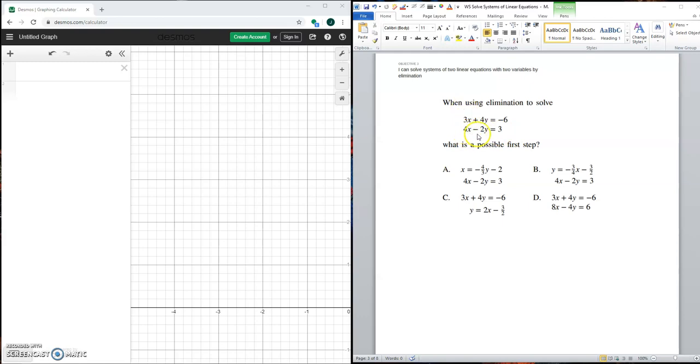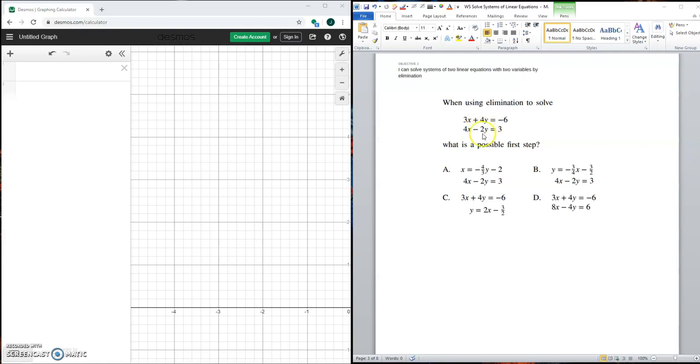However, if you look at this, the best thing to do here is to eliminate the y. Why is that so? You see the 4 and you see the 2. This is so easy. I will just have to multiply all these terms by 2 in order for this to become a 4. Once I make this become a 4, it's so easy for me to add. Why add? Because the signs are different. When you add different signs, it turns to subtraction, which will get this to become 0 once this becomes a 4.